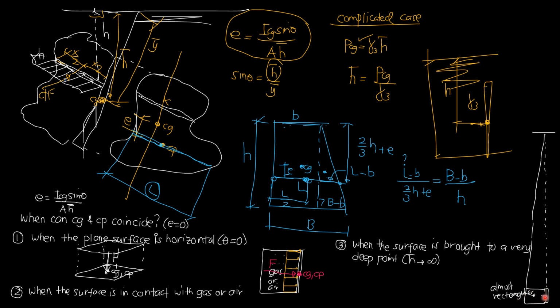But even if it is just 10.5, we notice that if we draw the pressure diagram, it seems to be rectangular. So that means the centroid of the rectangle is also the center of pressure, because the force passing through the centroid of the rectangular pressure diagram is also the centroid of this rectangular surface.